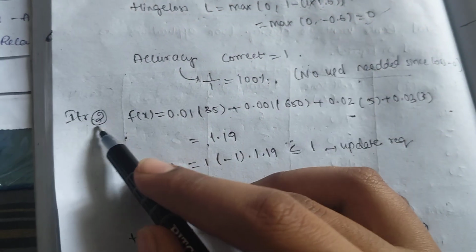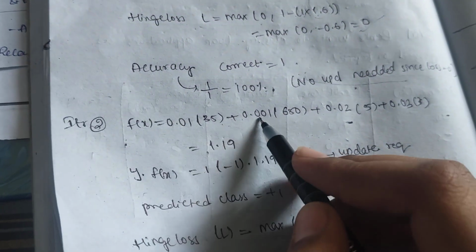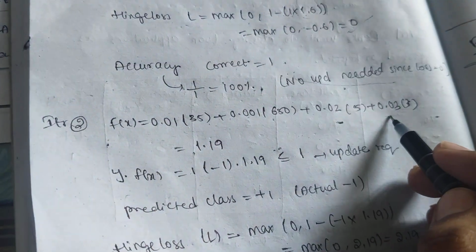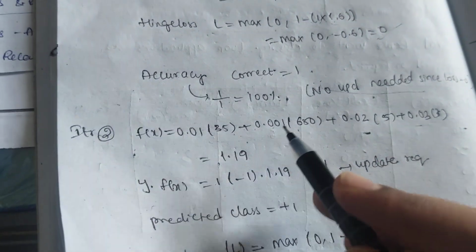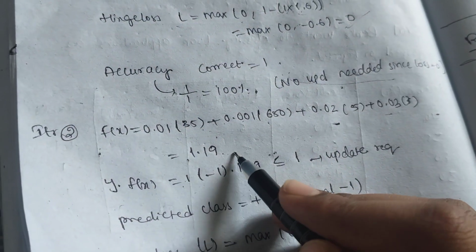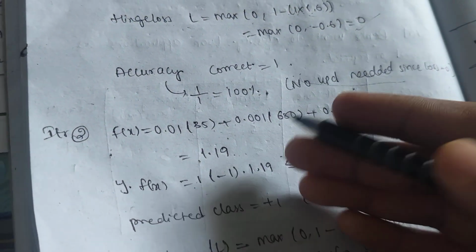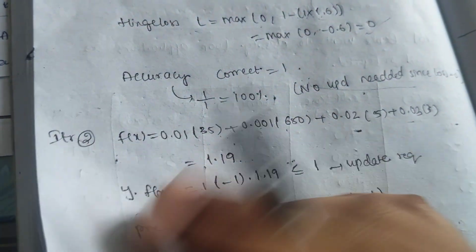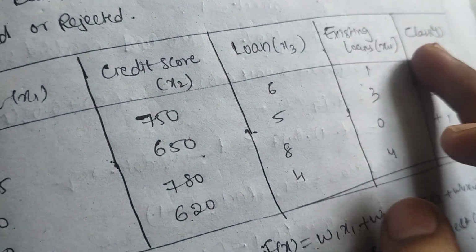So you will be going with the second iteration. In the second iteration, you will be considering the second row elements and finding f(x). The moment you find f(x), you will get 1.19. That means it is positive, so it is also +1. But what is our actual value? It was -1. So there is a mismatch.